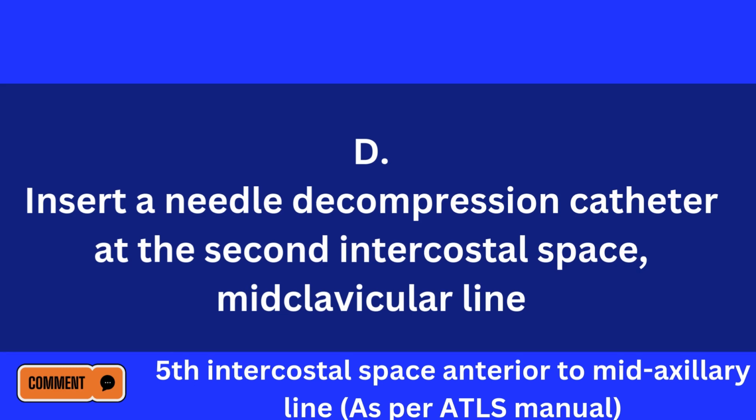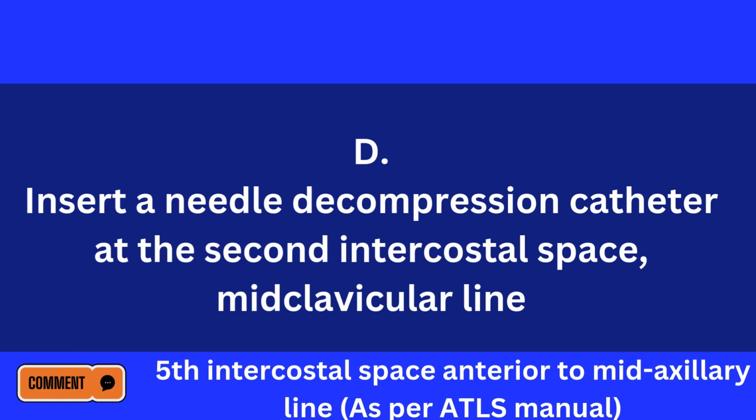It used to be the practice in the past, but now the ATLS guidelines 10th edition, which is the latest edition of the ATLS manual, suggest going in the fifth intercostal space because the distance from the chest wall to the pleural cavity is much less compared to the second intercostal space.